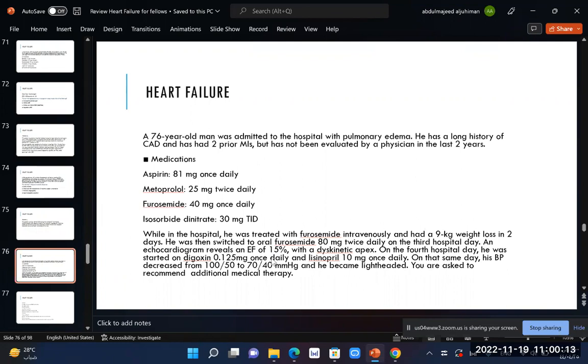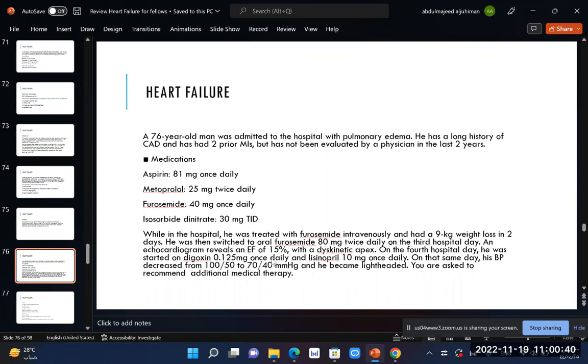While in hospital, he was treated with furosemide intravenously and had 9 kg weight loss in 2 days. That's a lot. He was then switched to furosemide 80 mg PO on the 3rd day of the hospital. Echocardiogram showed EF of 15%, dyskinetic apex. On the 4th day, he was started on digoxin 0.125 and lisinopril 10 mg daily.